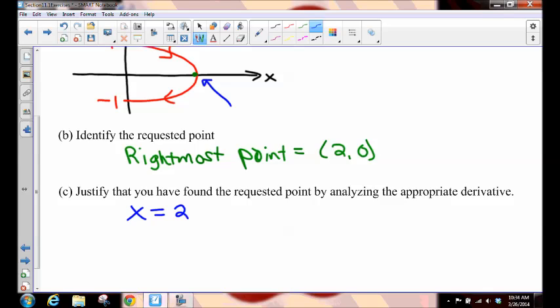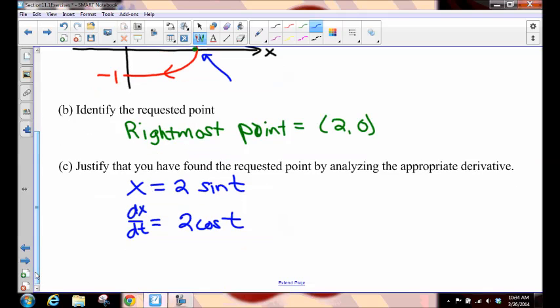So we've got x is equal to 2 sine t, and then dx/dt is going to be 2 cosine t. And what we want to know is when this is going to be changing sign.